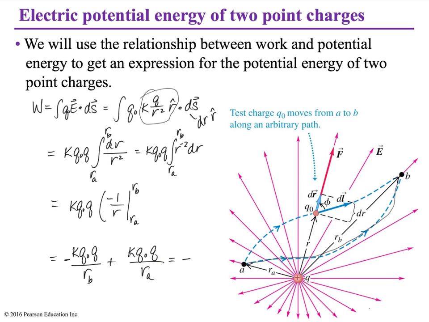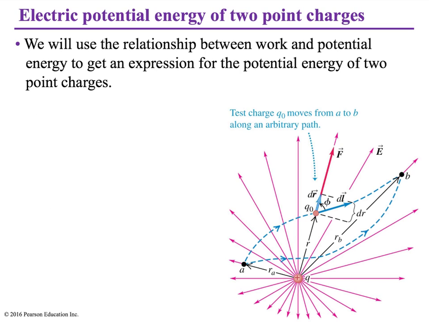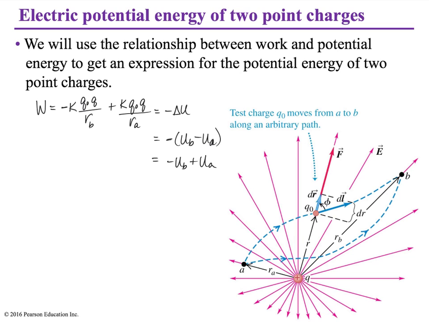Keep in mind that this is equal to minus the change in the potential energy. So we had the work is equal to minus k q naught Q over rB plus k q naught Q over rA, which is equal to minus delta U, which is equal to minus (UB minus UA), which is equal to minus UB plus UA.